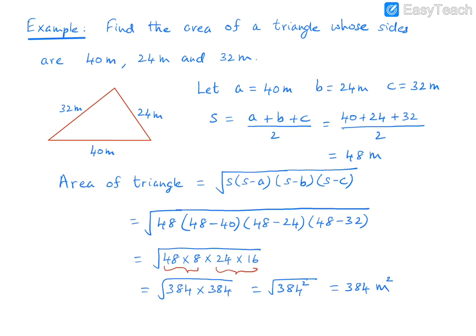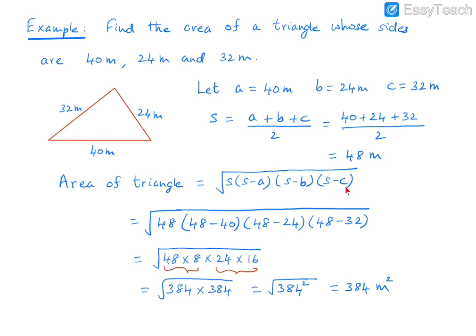Now we can apply Heron's formula to get the area of the triangle. The area of the triangle is the square root of s into s minus a into s minus b into s minus c. We already have the value of s as 48. So it's the square root of 48 into 48 minus a, which is 40, so 48 minus 40, into 48 minus 24, that's s minus b, and b is 24.